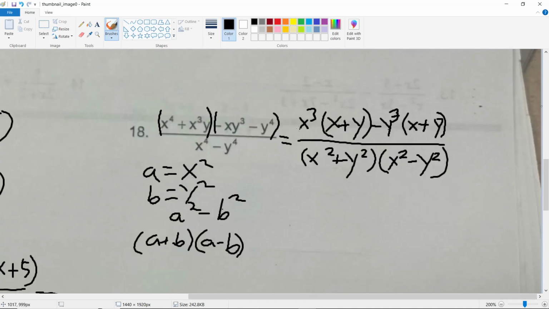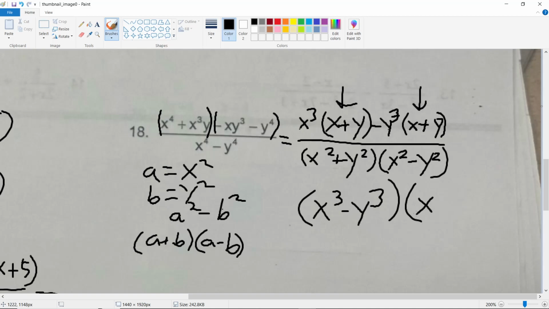Since x cubed and minus y cubed are both multiplied by x plus y, I rewrite this as x cubed minus y cubed times x plus y. Factor by grouping. Now on the bottom, x squared plus y squared, nothing I can do with that.